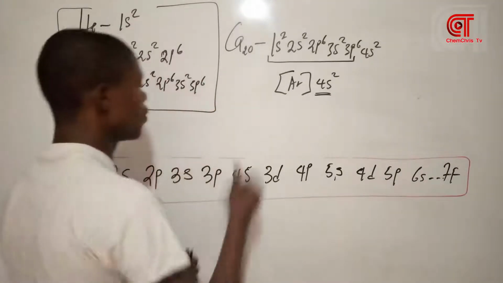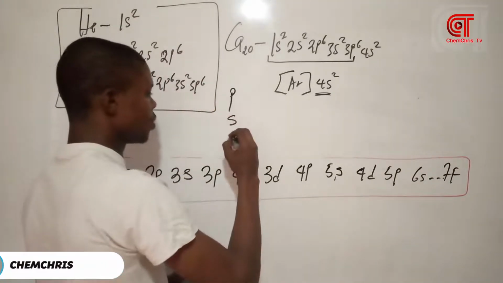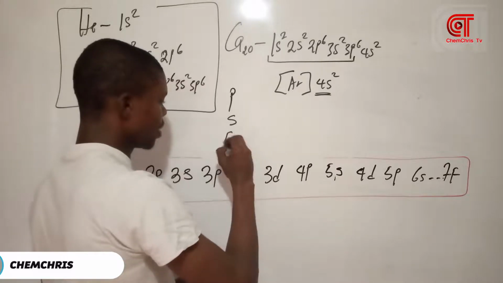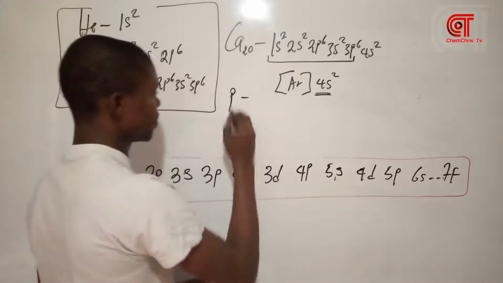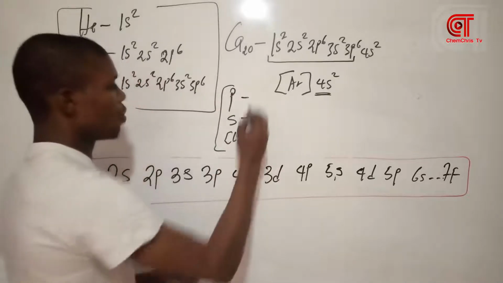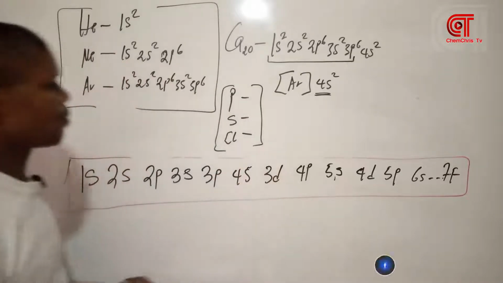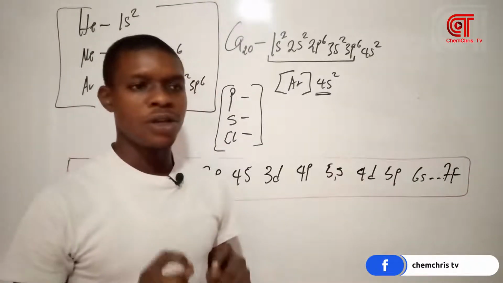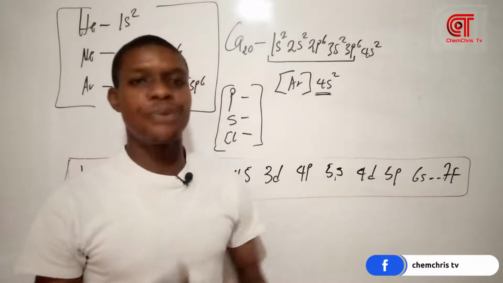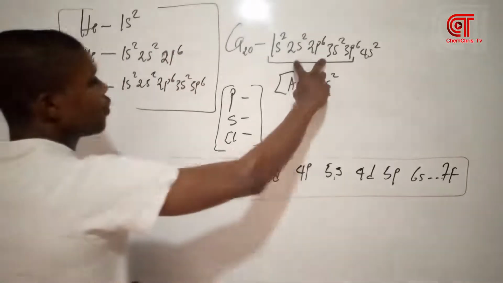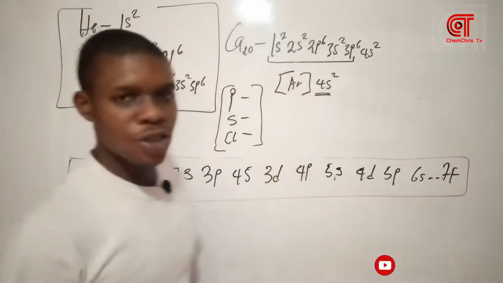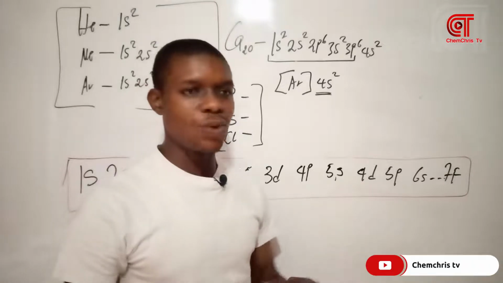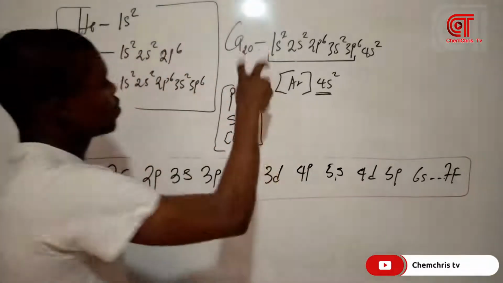I believe you can do phosphorus, silicon, then chlorine. I believe you can do all of these for me, so go ahead and try this. Before I end this video, I want to teach you how to predict the period, the group, and the block of elements in the periodic table just with the electronic configuration.